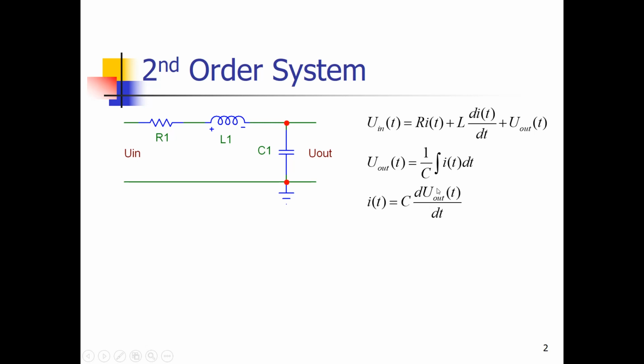So C times the derivative of the voltage of the capacitor. And that voltage over the capacitor is U out. So we can replace the I in this formula by C times dU out/dt.